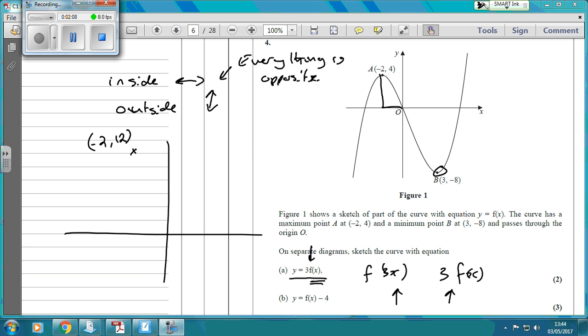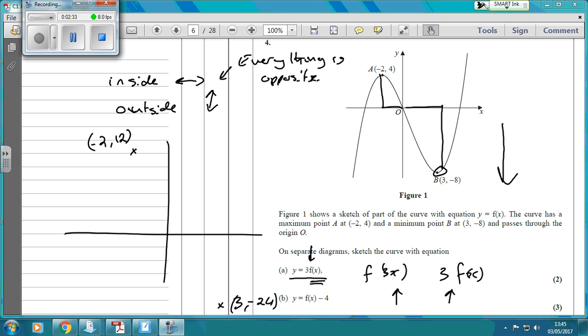This point here is 3 across, 8 down. So if we're going to stretch it downwards like that, instead of 8 down, it's going to be 24 down. It's going to be 3 across, 24 down. That's going to be 3, minus 24.